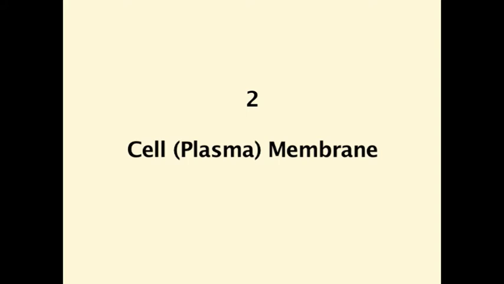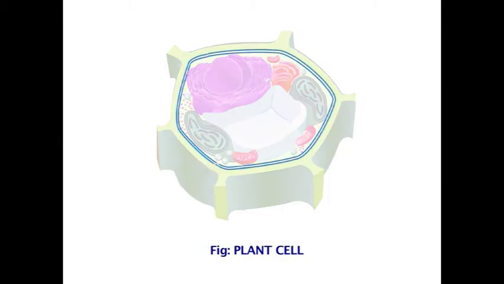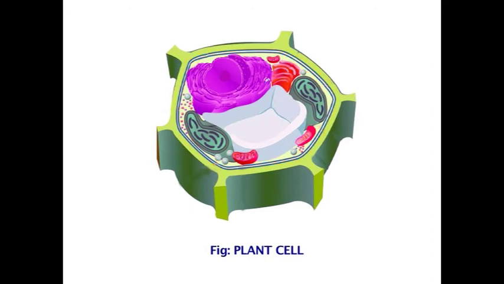The second one is the cell or plasma membrane. The plasma membrane of plant cells is a thin semi-permeable membrane that surrounds the cytoplasm of a cell, enclosing its contents.